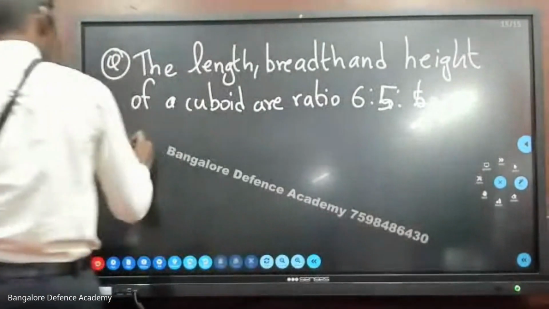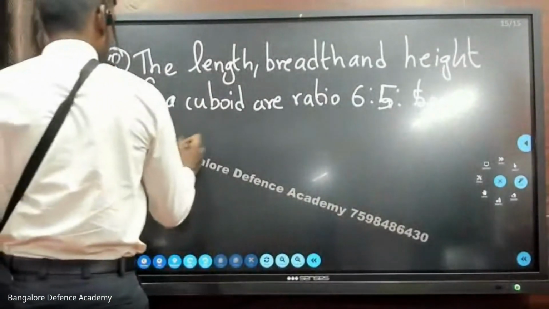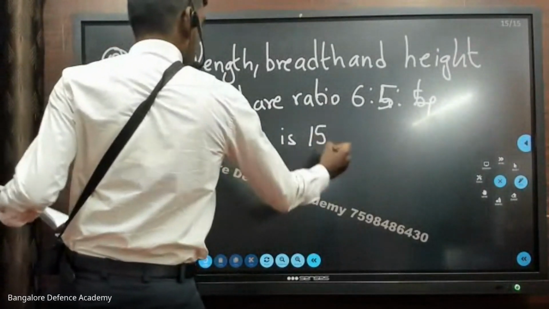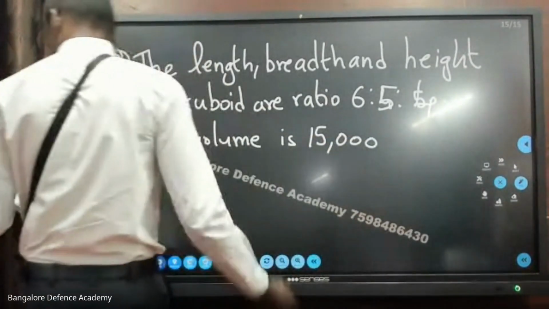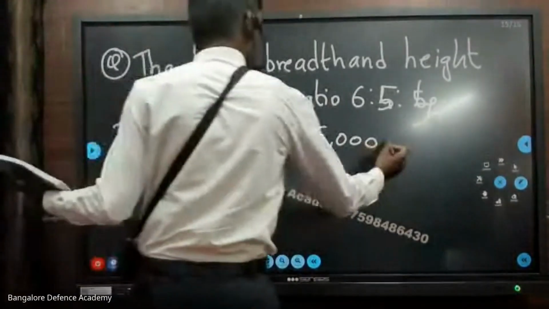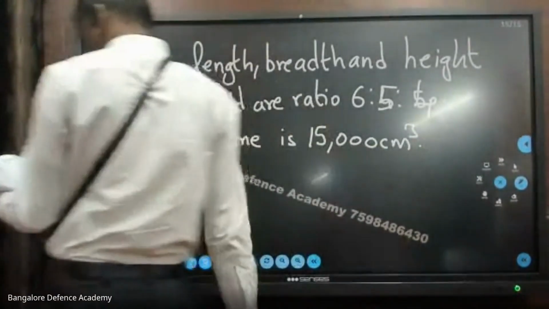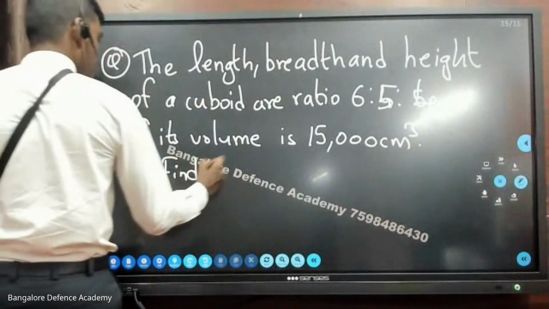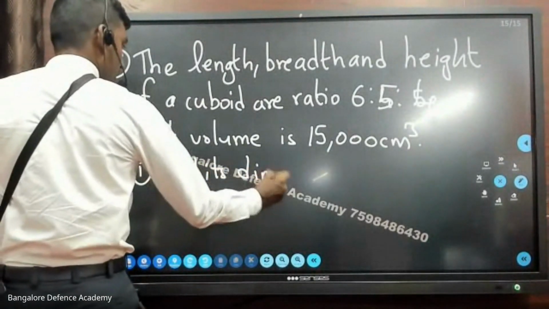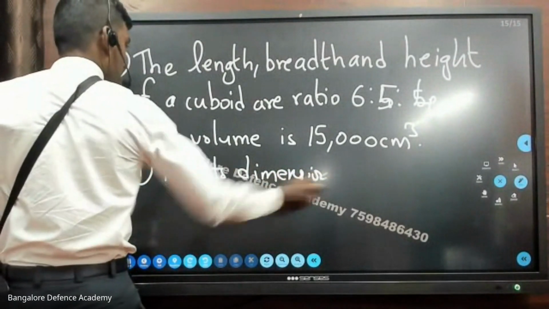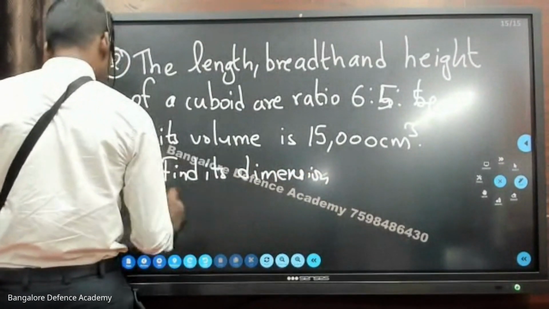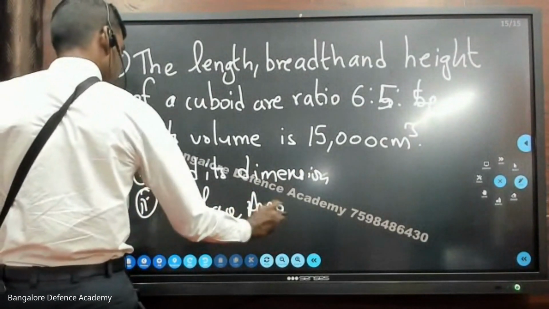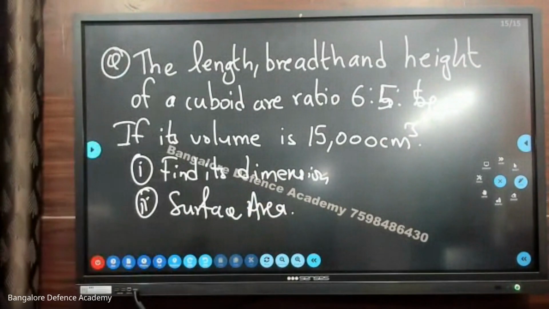If its volume is 15,000 centimeter cube, find its dimensions and second, surface area.